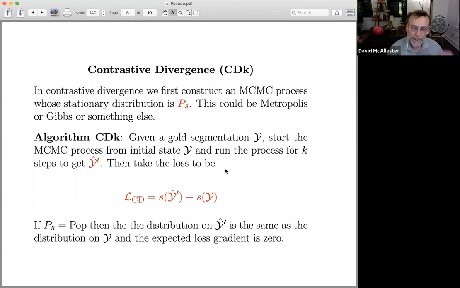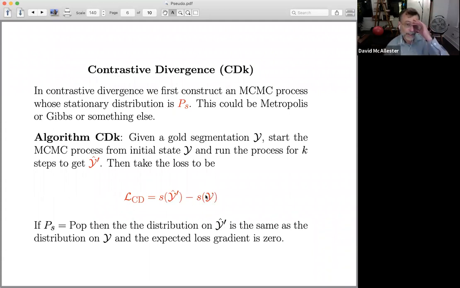So I start the MCMC process at the gold label, and then I run it for k steps. And after I run for k steps, I look at where I am. So I started at some graph coloring, I run for k steps, I get some other graph coloring, and then the loss is going to be the score of where I got to minus the score of my original gold label.